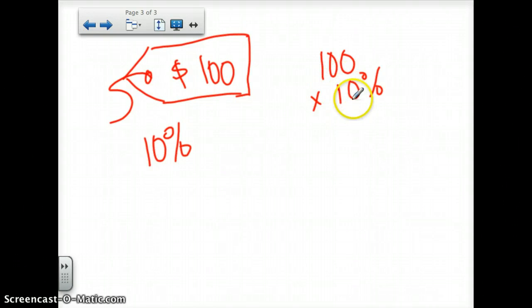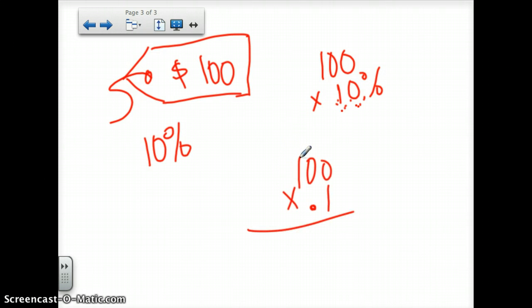What is 10% written as a decimal? 0.1, because we're moving our decimal point over 2 spots. We're dividing by 100. So let's do 100 times 0.1.